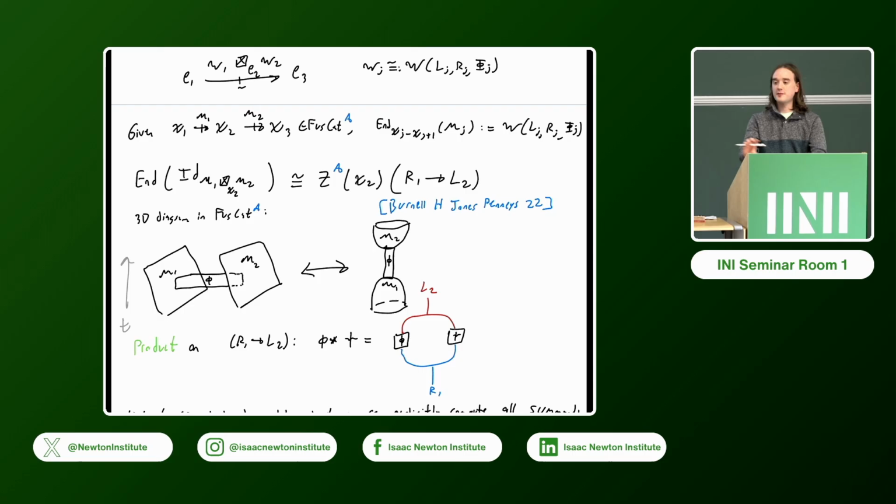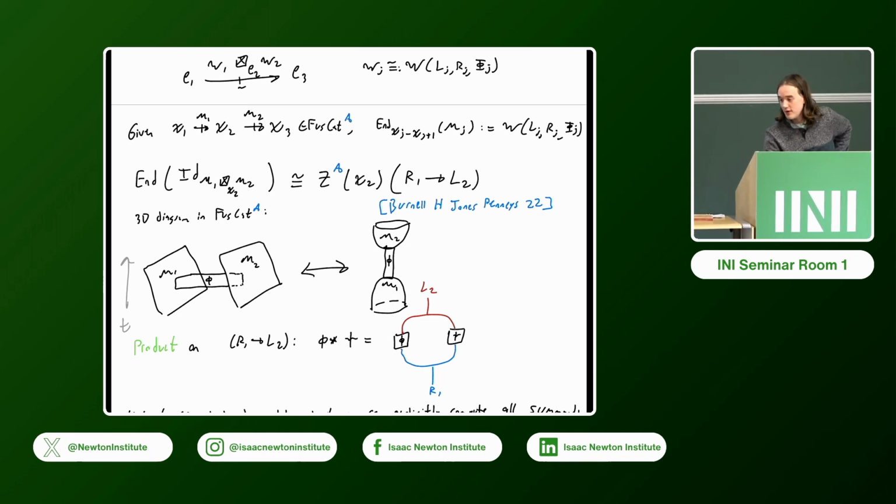I can deform this picture because I'm working in a fully dualizable higher tensor category, since Douglas, Schommer-Pries, Snyder, to this picture. And so what I'm actually getting is a map between, well, this is the world tube of one of these algebras. This is the world tube of another of these algebras.